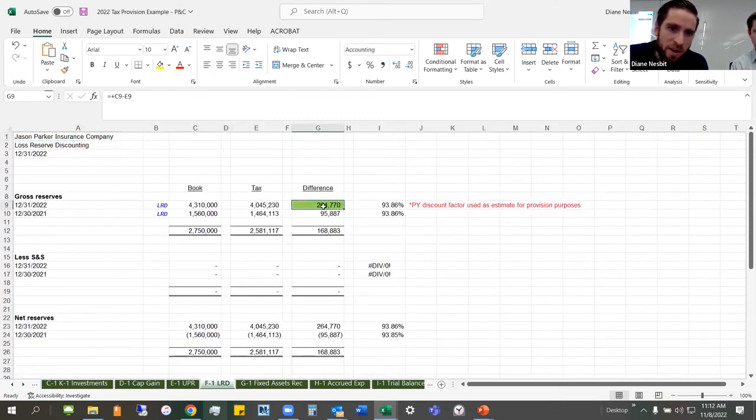I can find that right there, which is the difference between book reserves from the balance sheet in the trial balance and tax. We're not going to get into how tax reserves are computed, there are discount factors and tables and all that, but there I can tie and say, boom, there's the tie out. That's how I know.